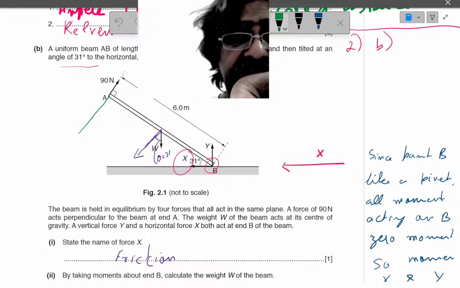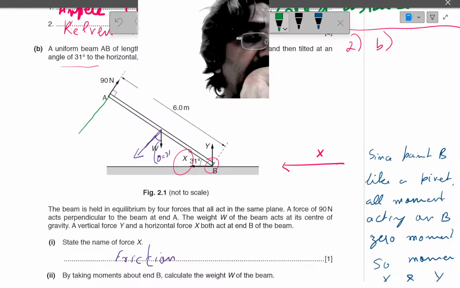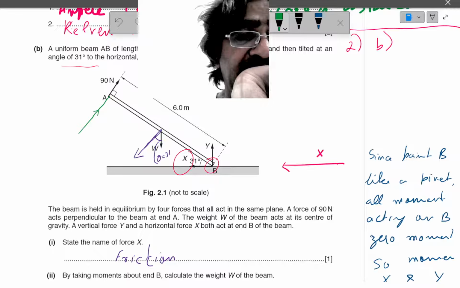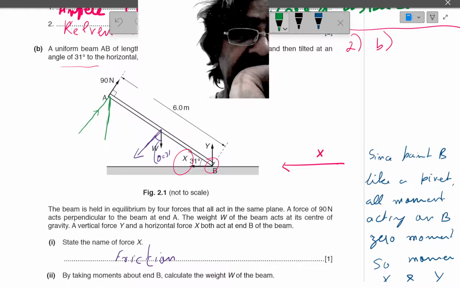That force has two components because it is making an angle with this. One is vertical and one is horizontal.